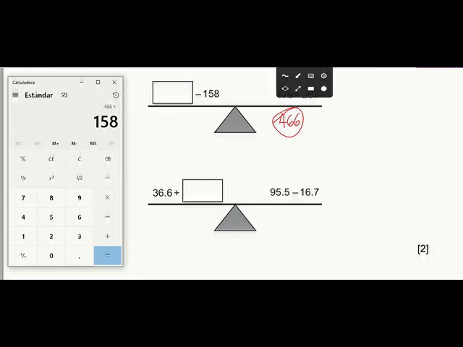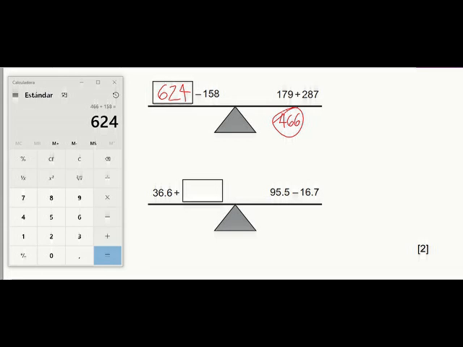So we are going to come here, and it says 466 plus 158 is 624. So 624. And that's what I write. And we are going to double check.